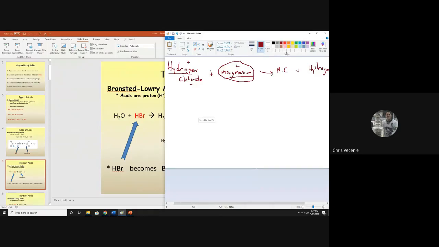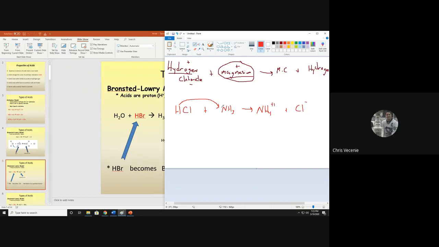Let's say we took HCl and I put it with ammonia, NH3. What can happen is the HCl will give its H to the ammonia, creating NH4 plus and leaving behind the Cl negative.